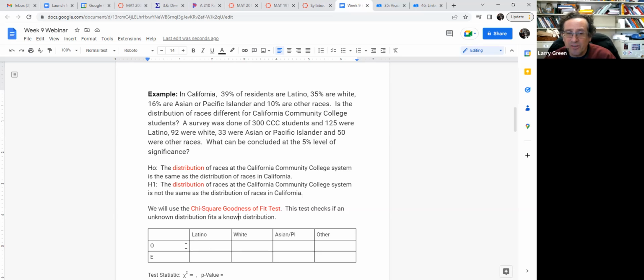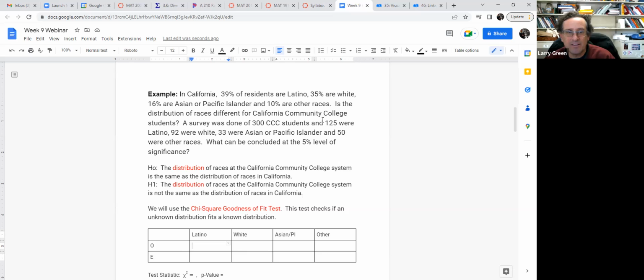Okay, so here's the way it works. After you've written the null and alternative hypotheses, the next thing we're going to do is create a table. This is called the observed and expected table. I use the letter O for observed and the letter E for expected. That's pretty standard. For the observed, we look at what the sample gave us.